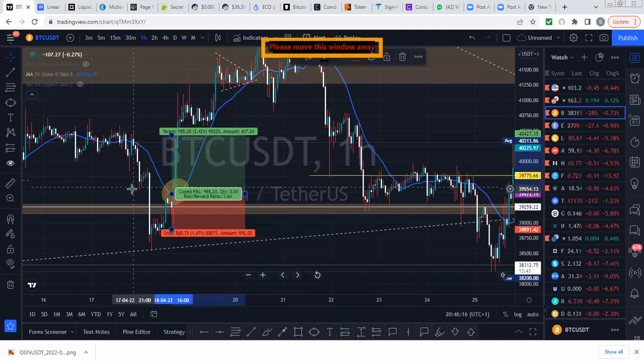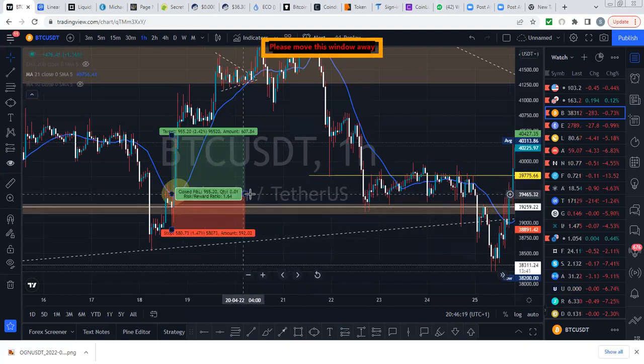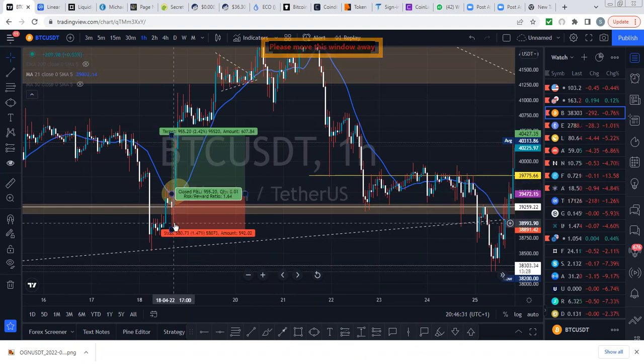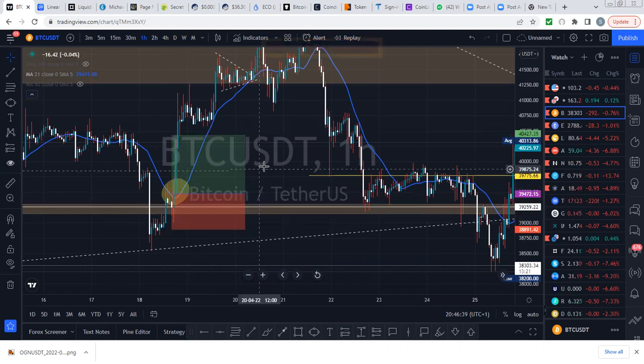This is a signal. The last candle there is a signal that buyers are in the market. Look at the signal here. This particular one is a signal, but price broke the resistance level, then retested it as our higher low. Then boom, price started pumping.